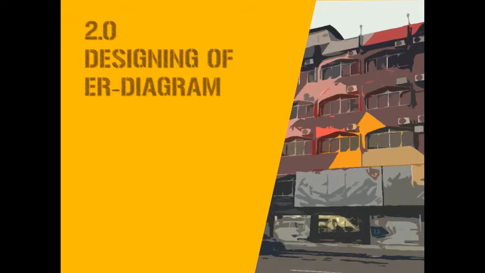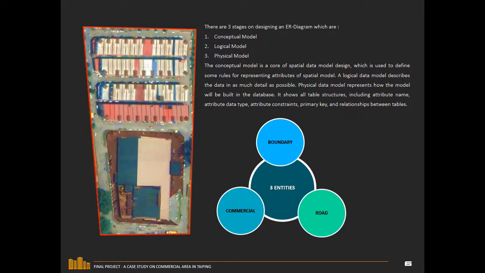Next, we move on to designing the ER diagram. There are 3 stages in designing an ER diagram, which are the conceptual model, logical model, and physical model. What is a conceptual model? It is the core of spatial data model design, which is used to define some rules for representing attributes of the spatial model.